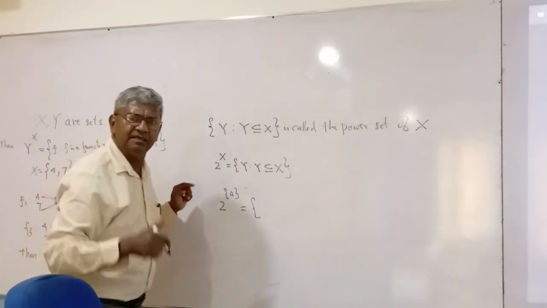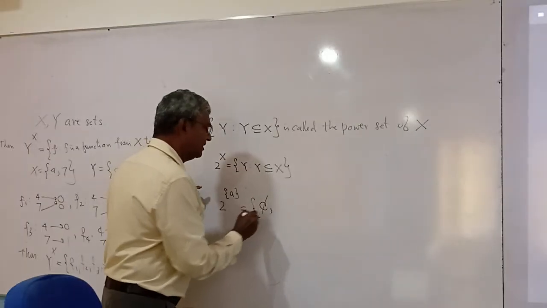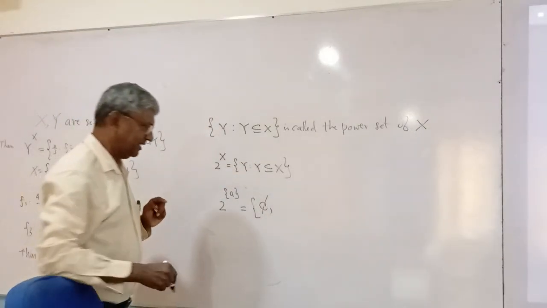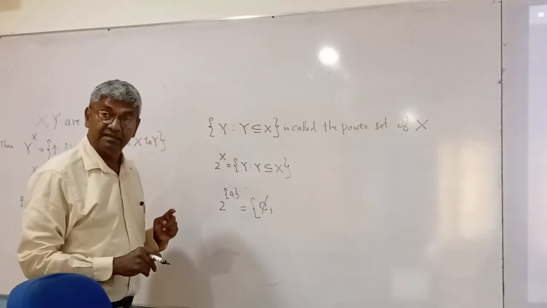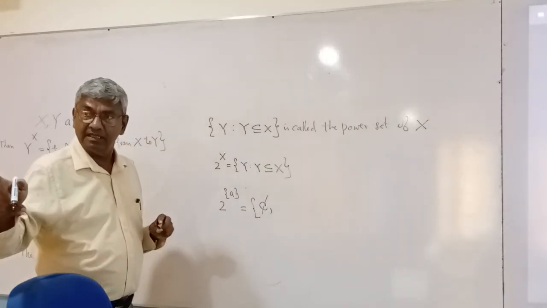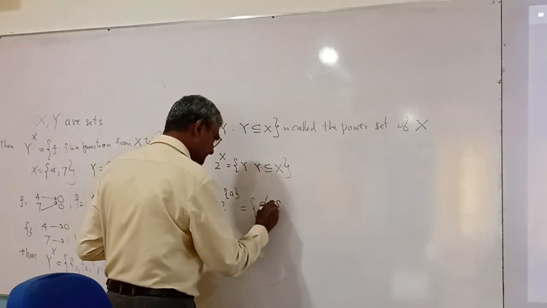Give me one. Empty set, very good. Give me one more. A is not a set. Singleton A.